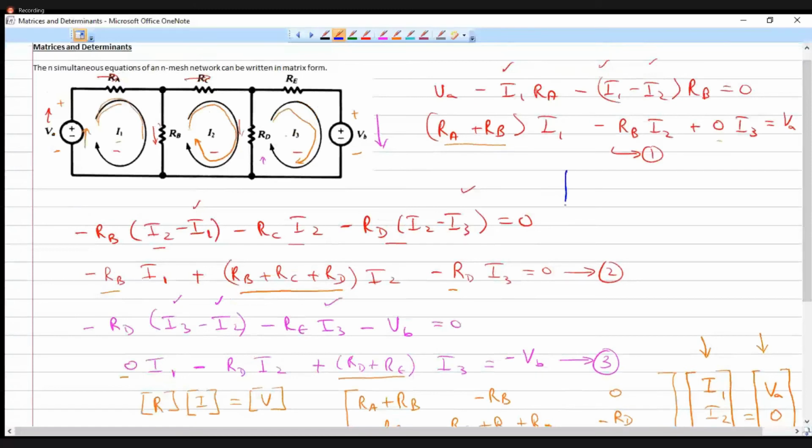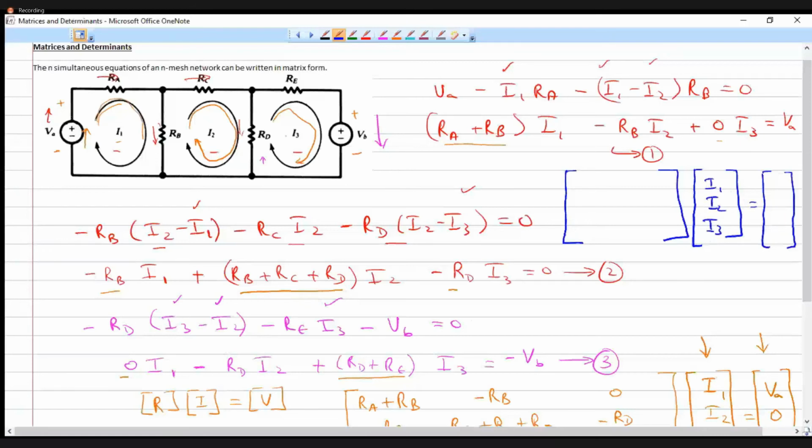How to write the R matrix? The current matrix and voltage matrix I have already told you. The current matrix is the easiest one. I1, I2, and I3 are the loop currents, so I can simply write the current matrix like this: I1, I2, and I3.